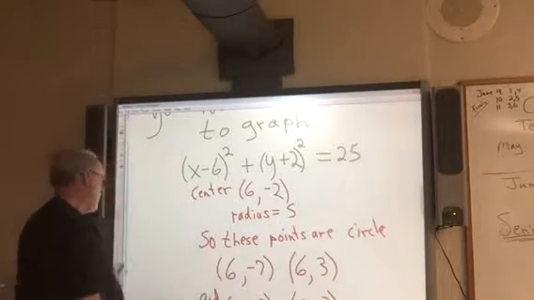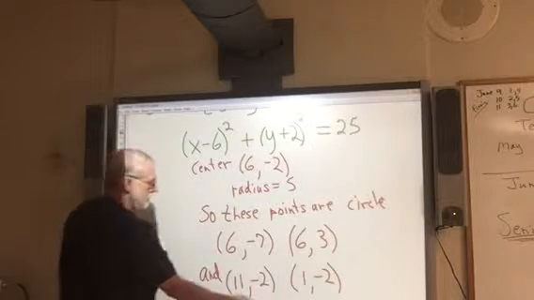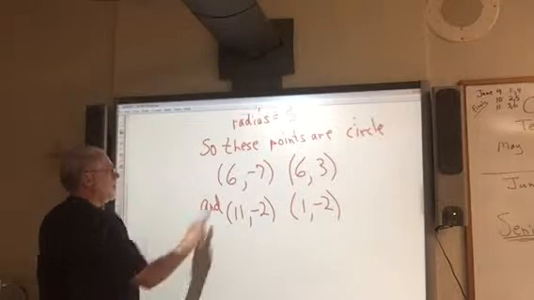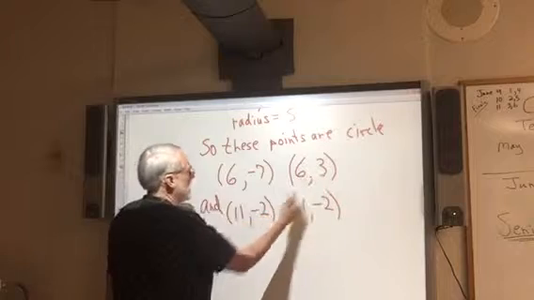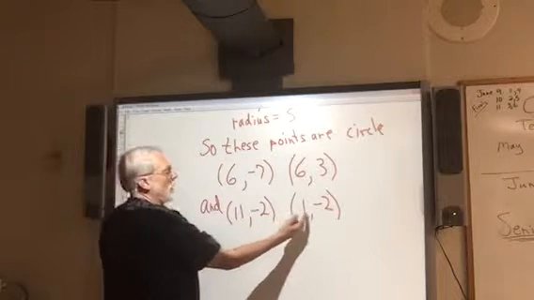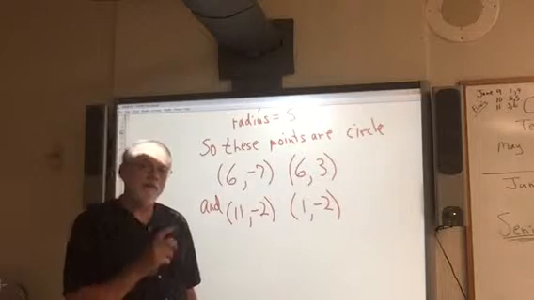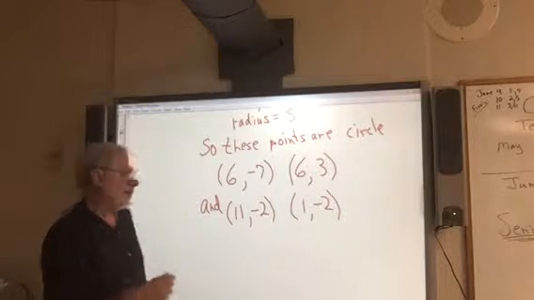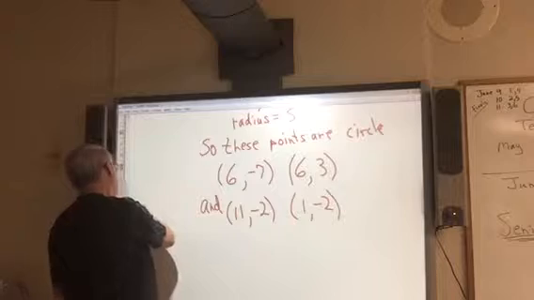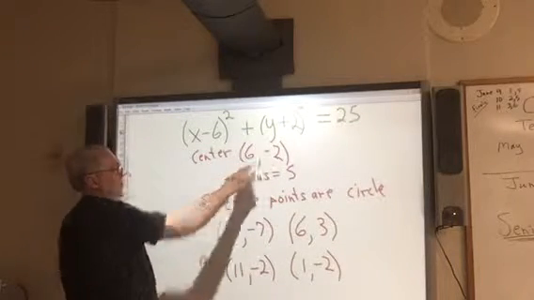So these 4 points are on the circle: 6, -7; 6, 3; 11, -2; and 1, -2. Those are 4 points on the circle because they are all 5 units from the center. And the center again was 6, -2.